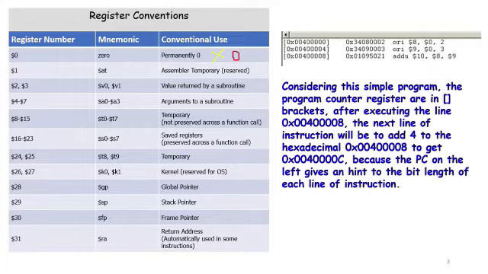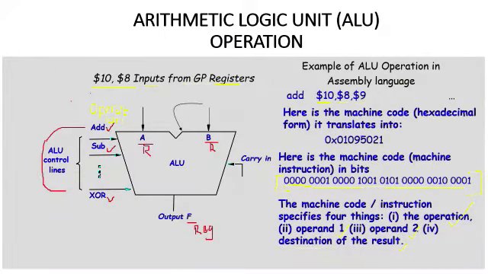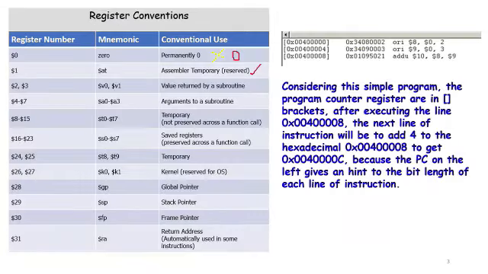Look at another register, register 1. This is the assembler temporary, it is reserved. So reserved registers, you don't save anything there. Let me take you back to the previous slide. Observe that we are using the content of register 10 and register 8. So when you move here, you see register 10 is in this range.